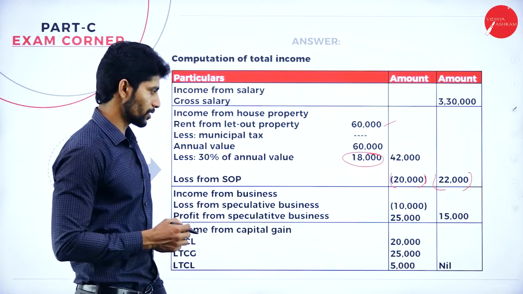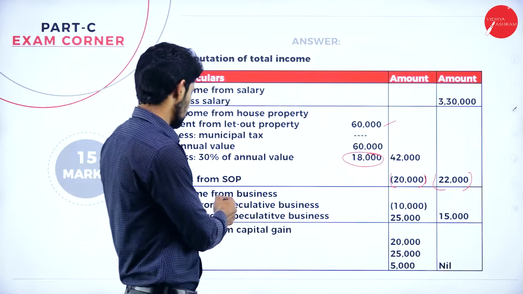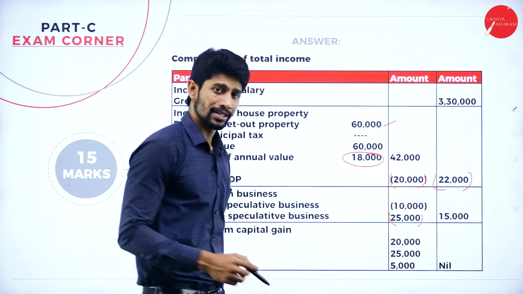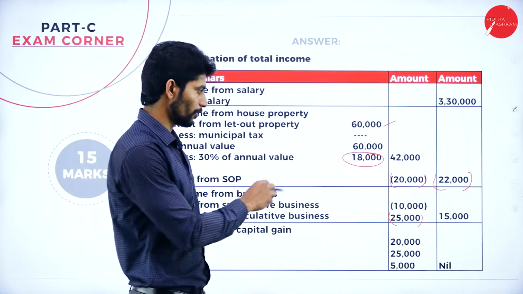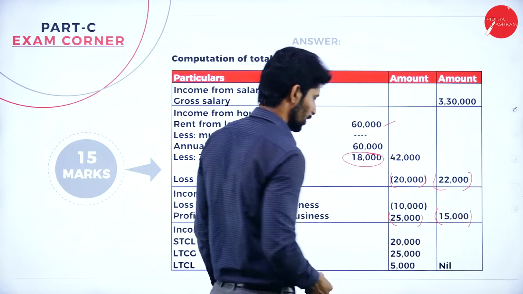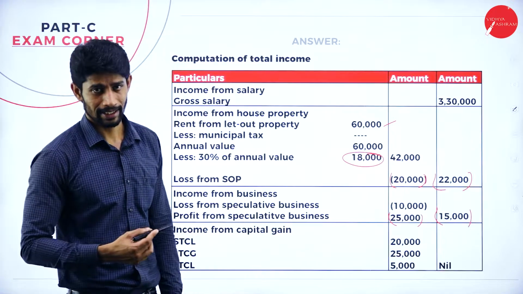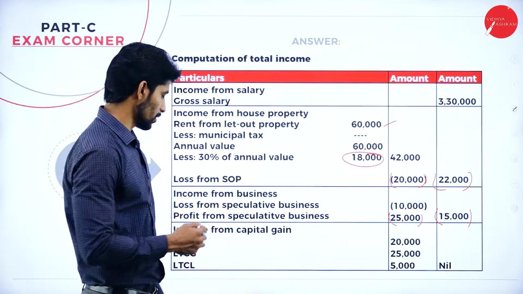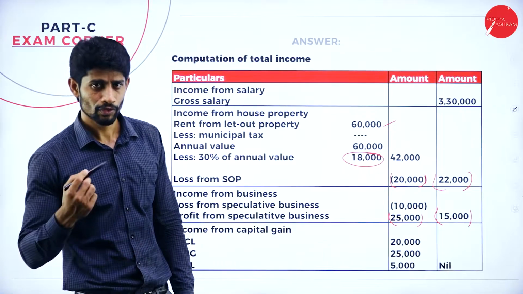Next, income from business. Yes, here loss from speculative business is 10,000. Profit is 25,000. Set off 10,000 from the profit of 25,000. You will get the balance of 15,000. Next, income from capital gain. Short-term capital loss, you have 20,000. Long-term capital gain, you have 25,000.